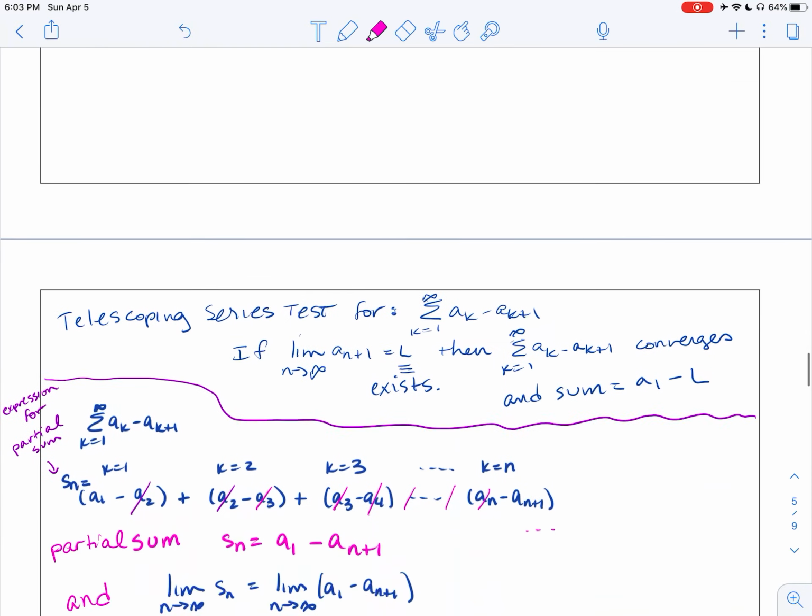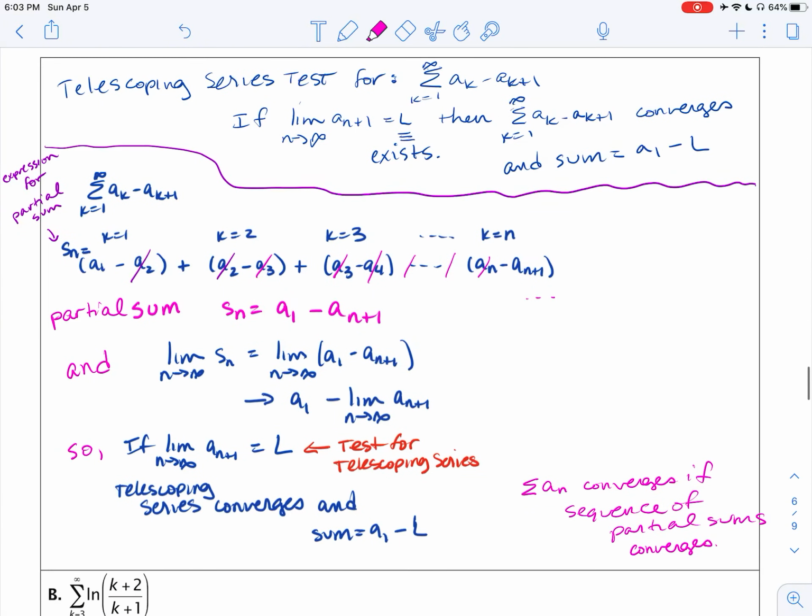divergent? So I've already taken the liberty of writing out what the test is and how to verify it based on the definition of a convergent series. So what is this telescoping series test?